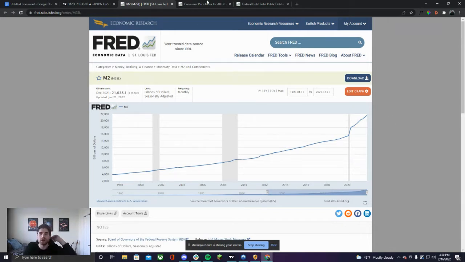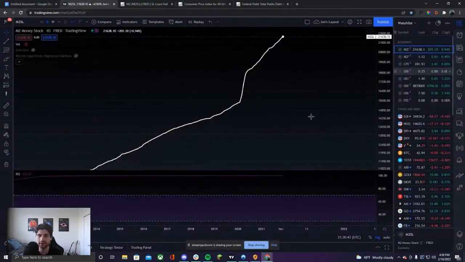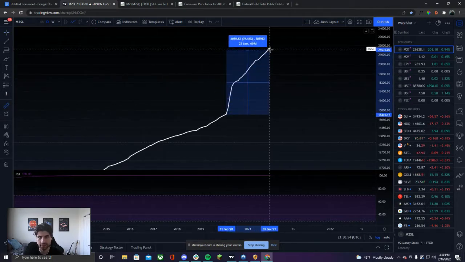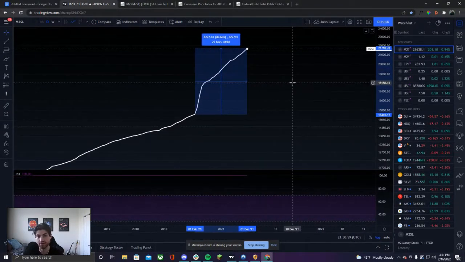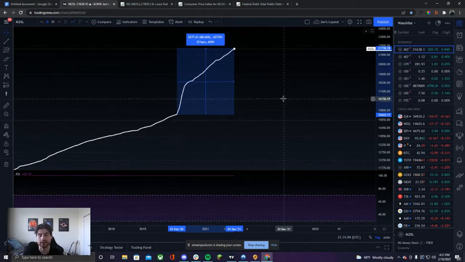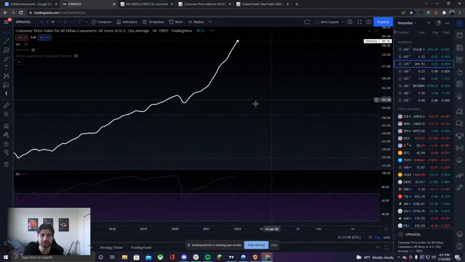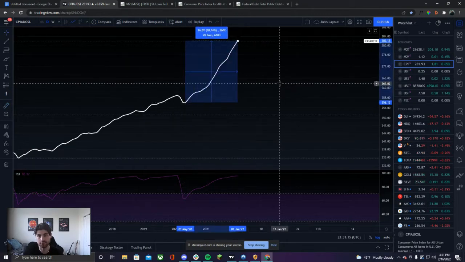And then we're going to measure that versus the consumer price index. Taking a look at the money supply here, since March 2020, when we really decided to embrace this very heavy level of quantitative easing, the money supply has increased about 40%, which is absolutely absurd. That means 40% of all money in circulation today has been printed in the last year and a half, roughly. And then we're going to measure this versus the consumer price index, which you'll be able to see is only about 10%, right?